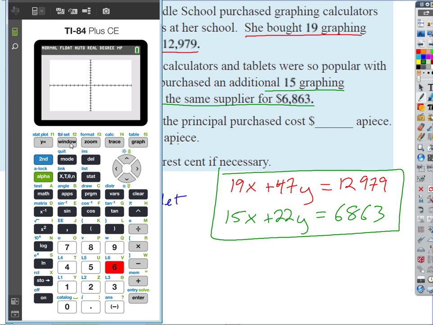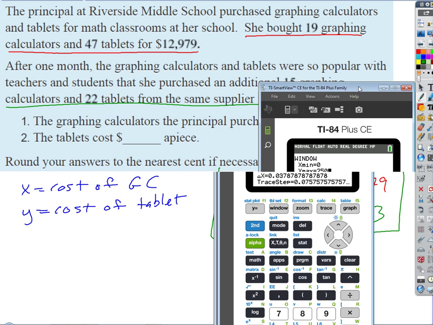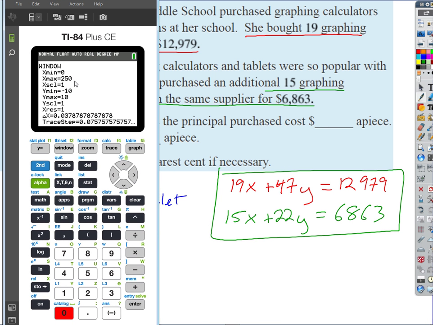And so let's go ahead on the window and let this go from 0 up to, let's see, we're trying to find the cost of these. What would be a reasonable estimate? I don't know. Let's just say 250 again. So x represents the cost of a graphing calculator. So it's got to be somewhere between $0 and $250, I would say.